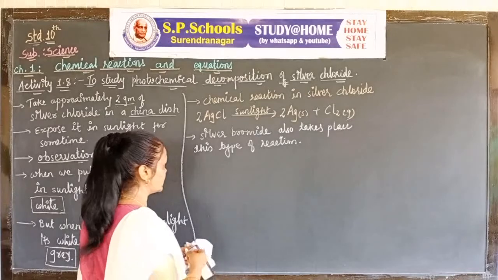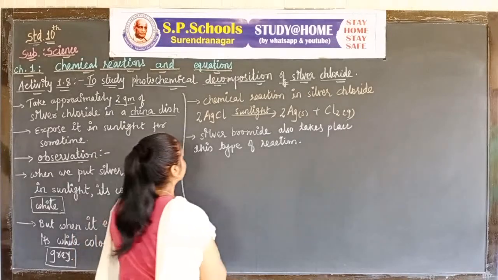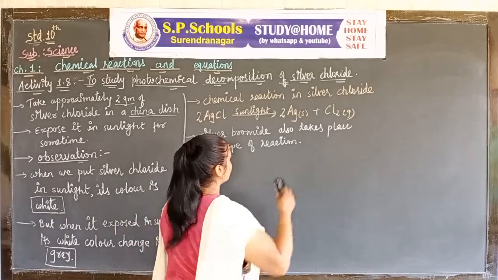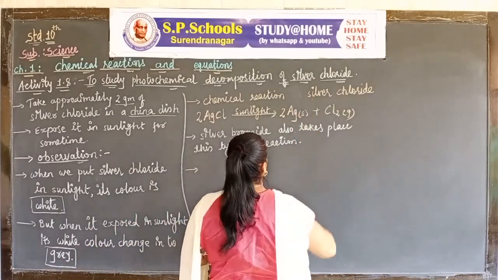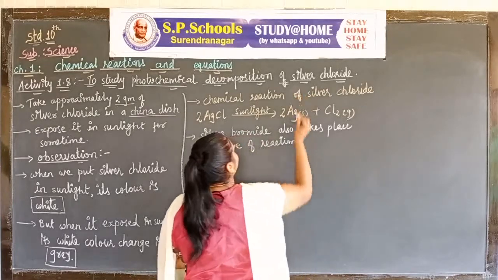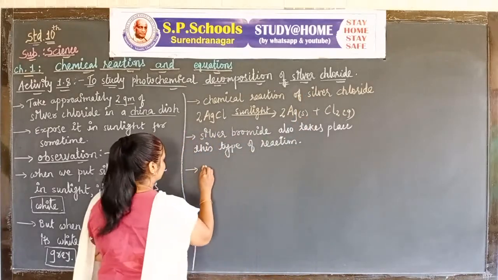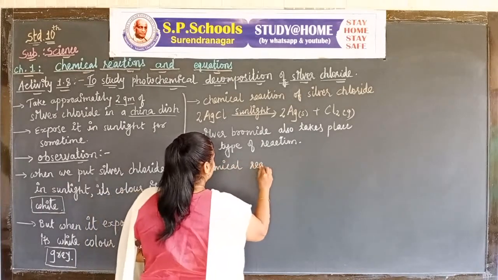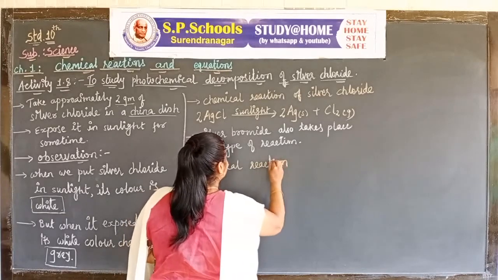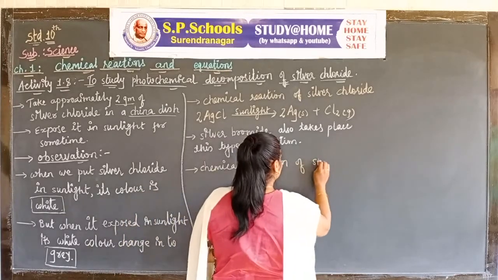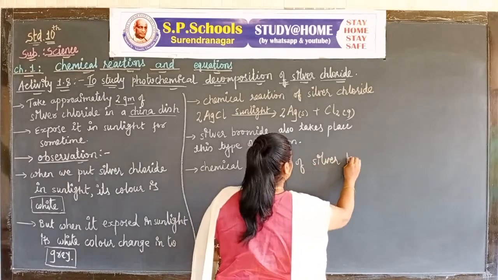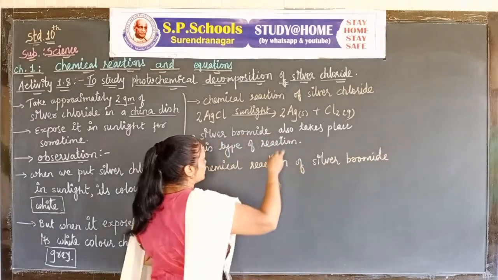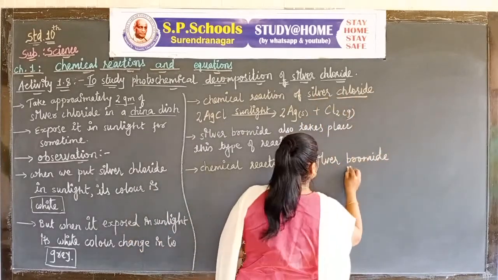So the reaction of silver bromide is similar to the chemical reaction of silver chloride. Chemical reaction of silver bromide.